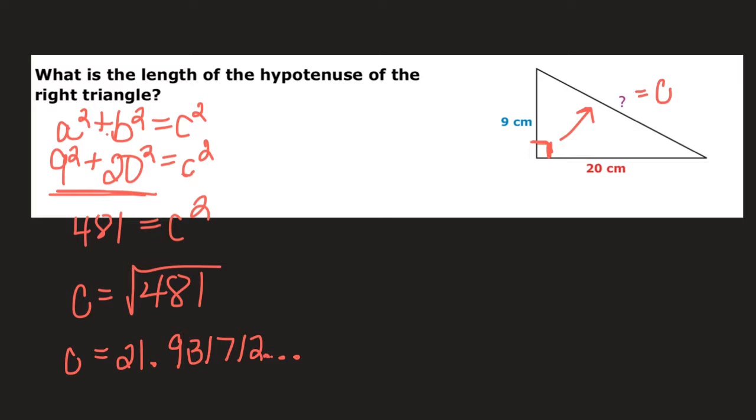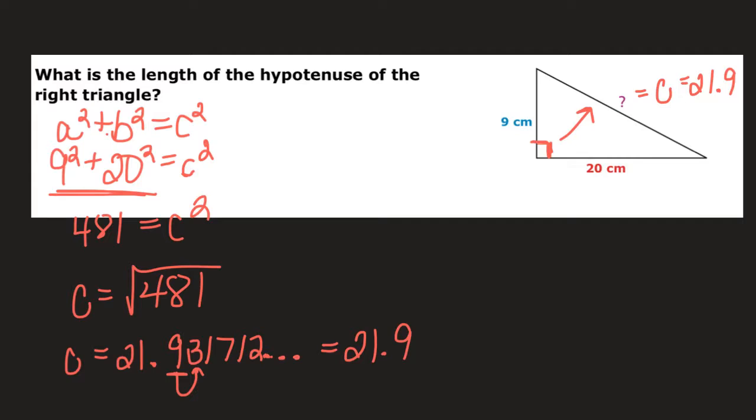We are just going to round to the nearest tenth unless it tells us differently. So the 9 is in the tenths place. The 3 tells me it stays the same. So my answer here is 21.9. And I know it is not a perfect square because it didn't give me a whole number.